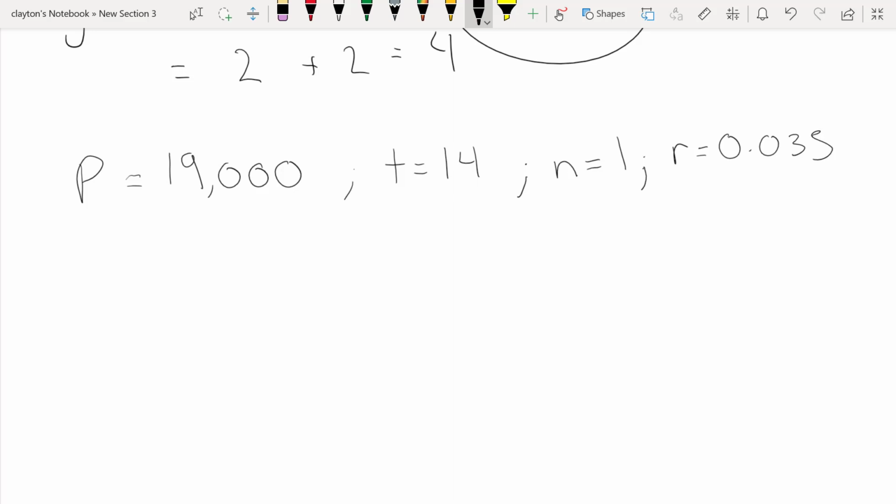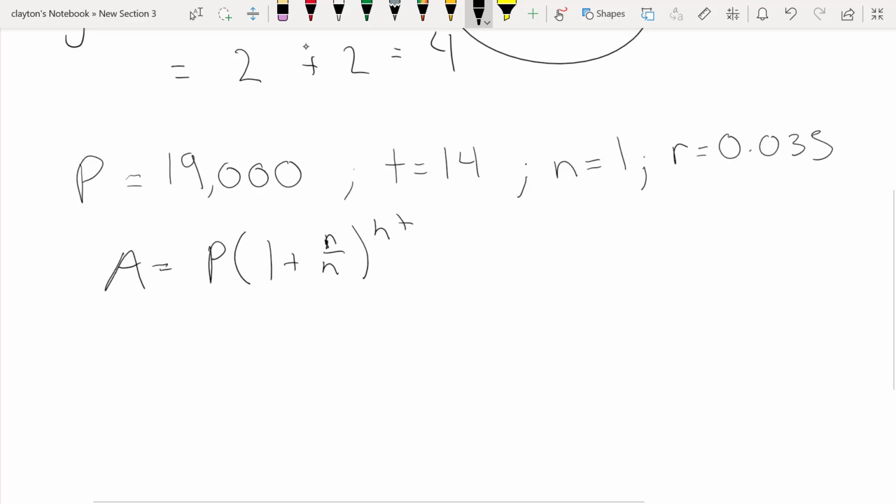And so the equation that we have here, I'll just write out the equation first, is A is equal to your principal times 1 plus R over N, to the NT.